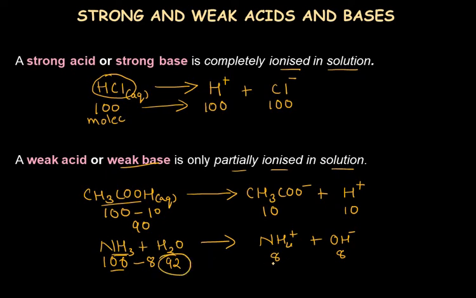Only 8 of the molecules have changed into ions. This is just an example, but it shows that not all of the molecules ionize. Only a few can ionize, so we call it partial ionization, and such partially ionized compounds are called weak acids and weak bases.